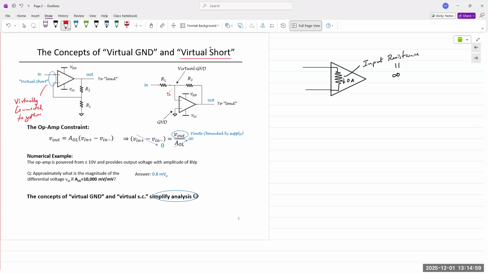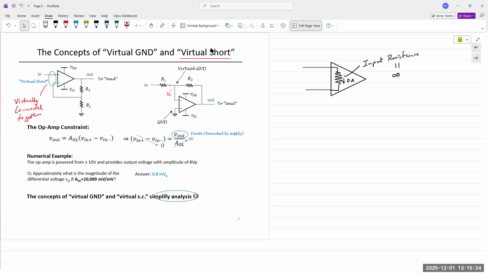And then in the inverting configuration, if the non-inverting terminal is connected to ground, then we can say the inverting terminal is also virtually connected to ground. So we extend the virtual short concept and we say that's the virtual ground concept.